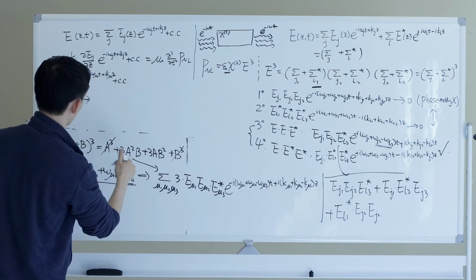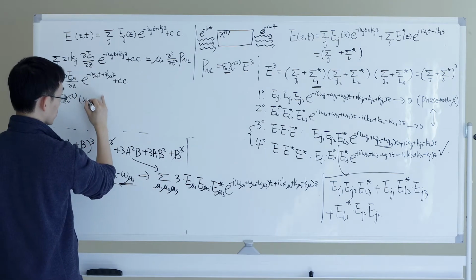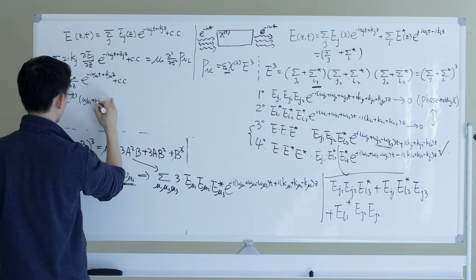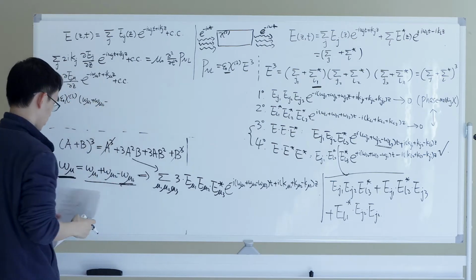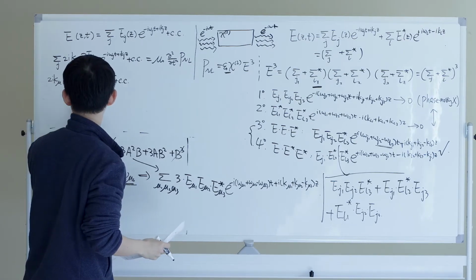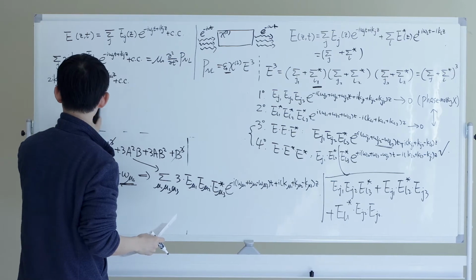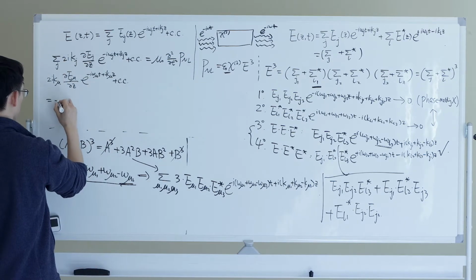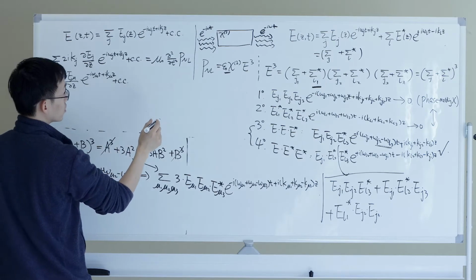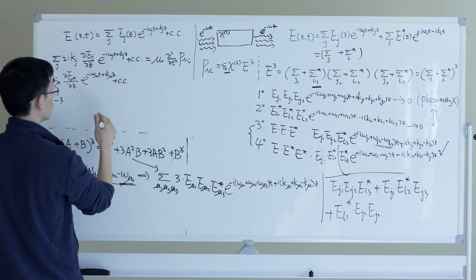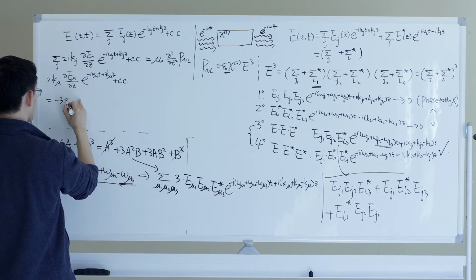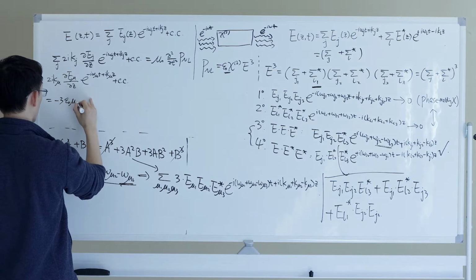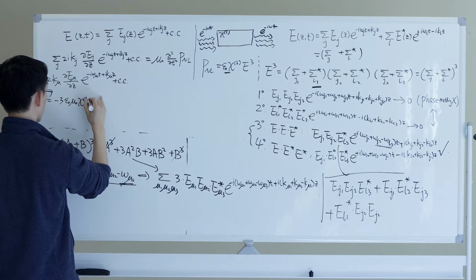And then the frequency is omega mu1 plus omega mu2 minus, let's rewrite this a little bit, equals to minus 3. The 3 comes from here. Epsilon mu naught chi 3.